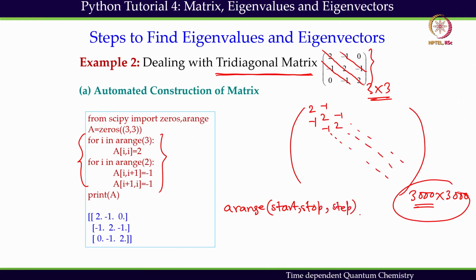So if I am giving this to be 1, then 4, then 1, it will create a list of elements like 1, then 2, then 3, and it will stop at 3, because the stop is not included in the sequence.